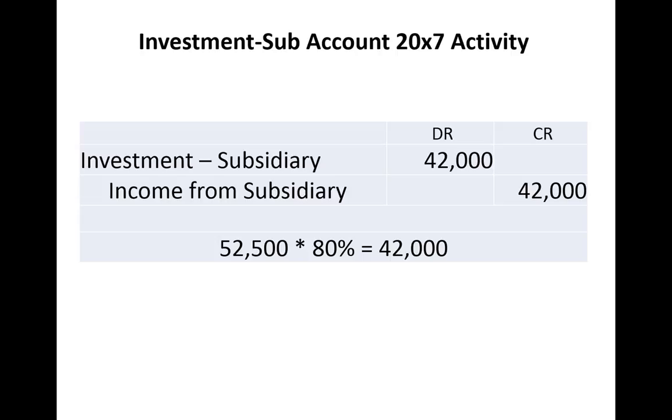So we're going to debit investment, credit income from subsidiary, but what we're going to do, though, is we're going to increase it by 80%, or our ownership percentage. So 52.5 times 80% is 42,000, and that counteracts the loss that's in the net income sub.